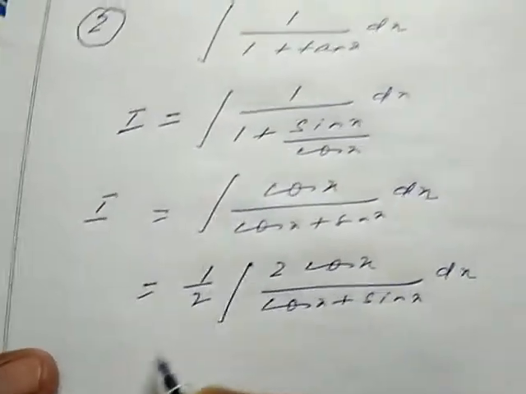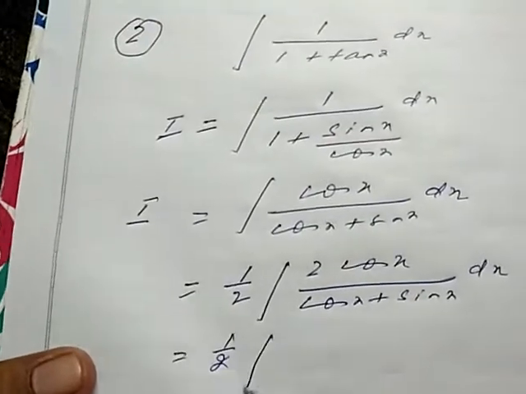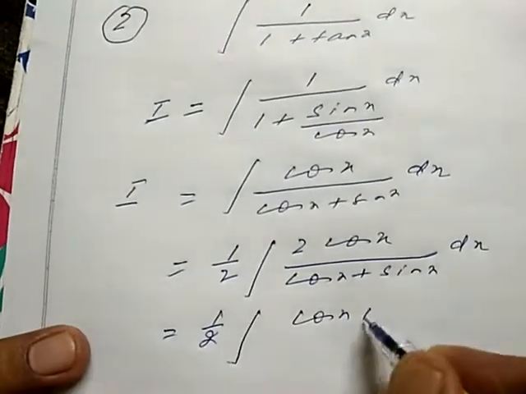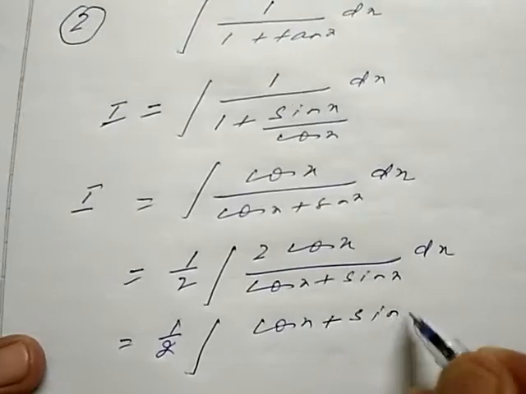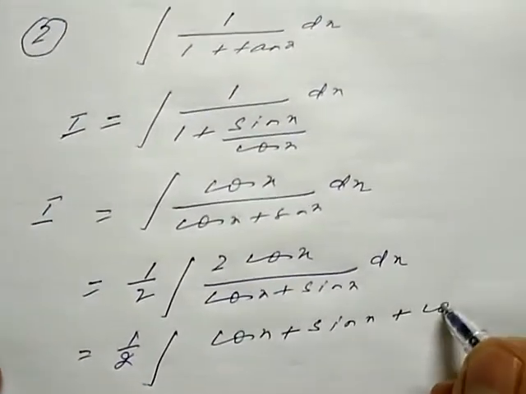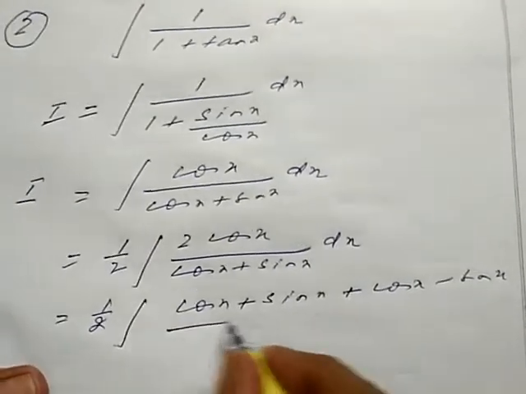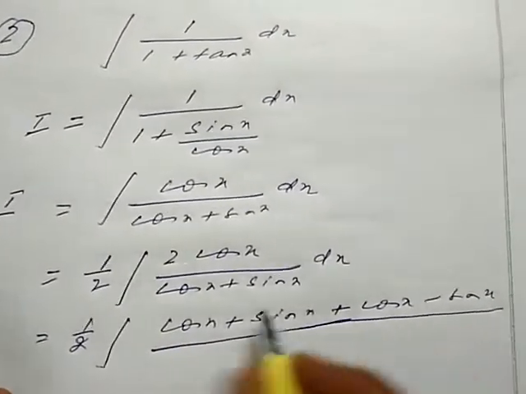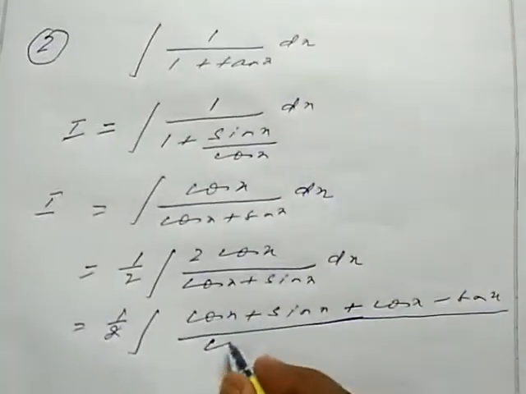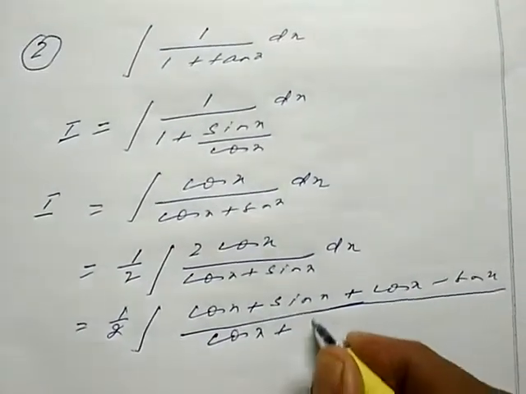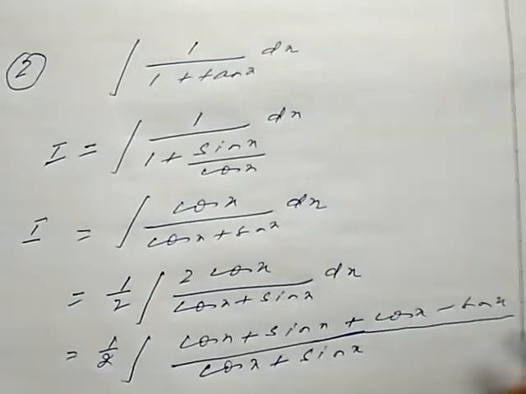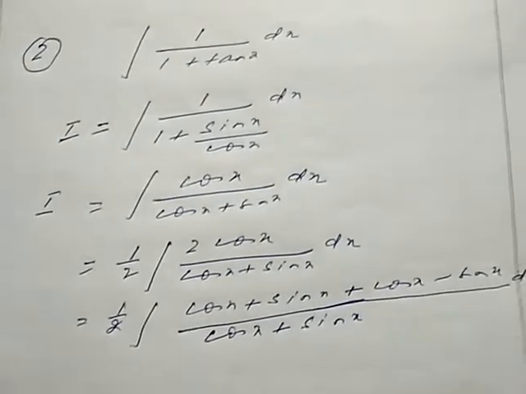dx. And we can also write this as cos x plus sin x plus cos x minus sin x. The total result will remain the same, but we are searching for the case of substitution, as well as trying to make this integral in the standard form.